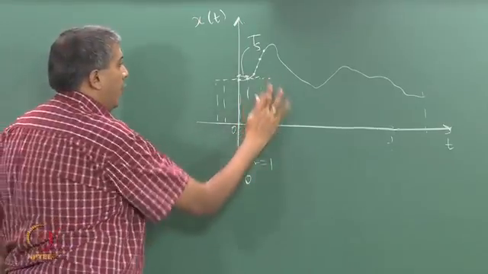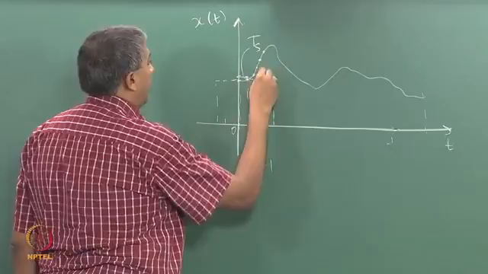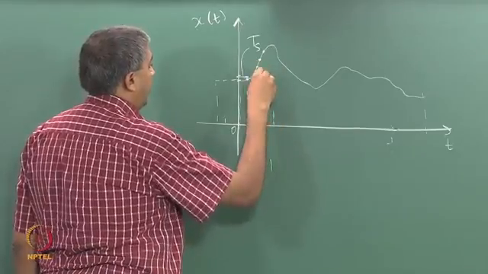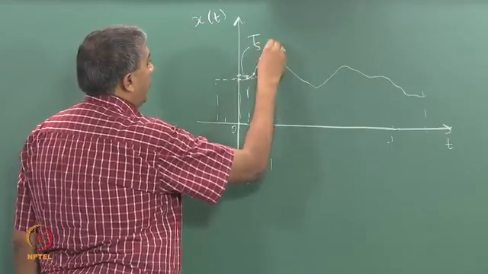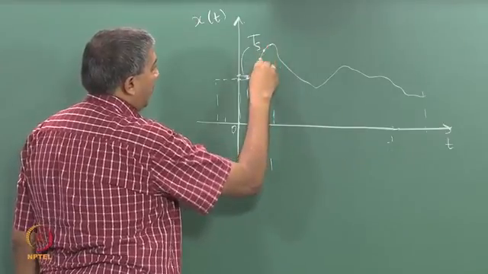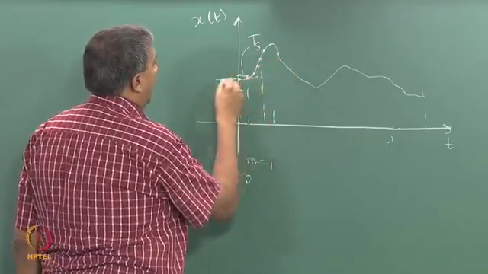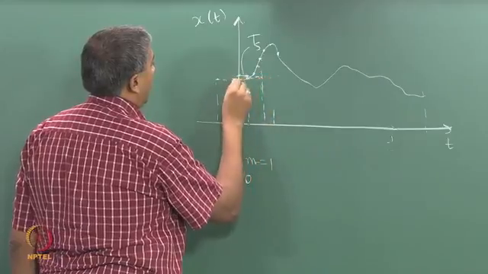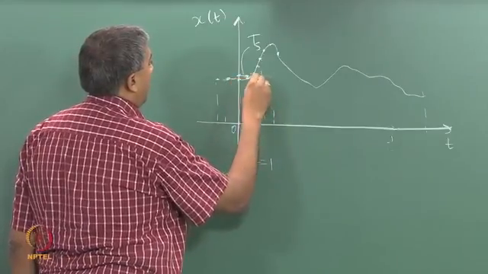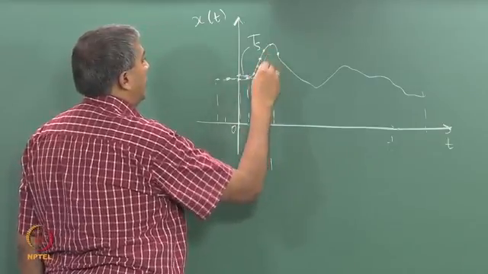However, if I march ahead in such a way that the new window has exactly covered this one sample, now my next window should start here, and let us say the window here is 5 samples long, just for the sake of discussion.